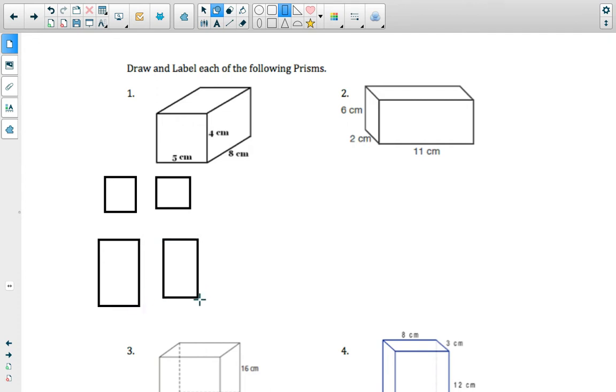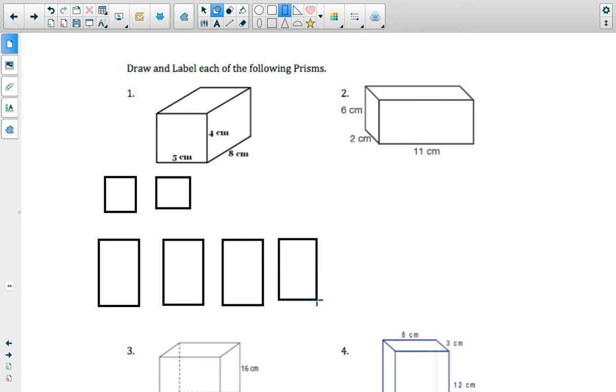If you don't draw them to scale, if you just draw 6 rectangles that all look about the same size, that's fine, as long as you realize that this shape is made up of 6 rectangles. My first rectangles are both 5 centimeters by 4 centimeters.